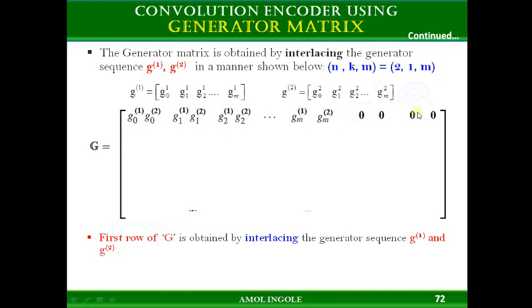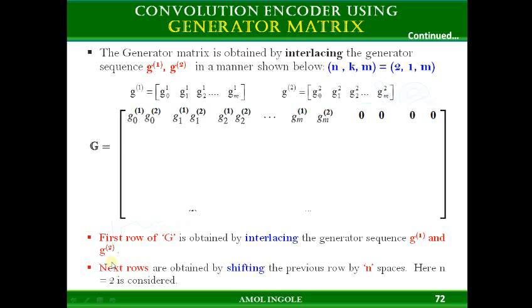The number of columns of the generator matrix depends on the length of the input bit stream given. As that input bit stream is not known, we will try to construct a generalized generator matrix. The next row of the generator matrix is obtained by shifting the previous row by n spaces.